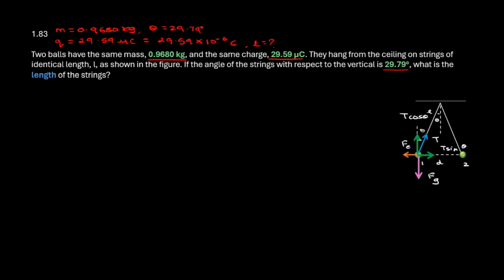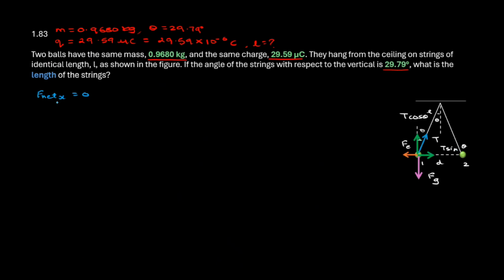Now, since ball 1 is at rest, as mentioned in the question, the net force acting on the ball has to be 0. So the net force acting along the x-axis as well as the net force acting along the y-axis has to be 0 since the ball is at rest. Therefore, we write F net along x to be equal to 0. The forces acting along x-axis are Fe and T sine theta.